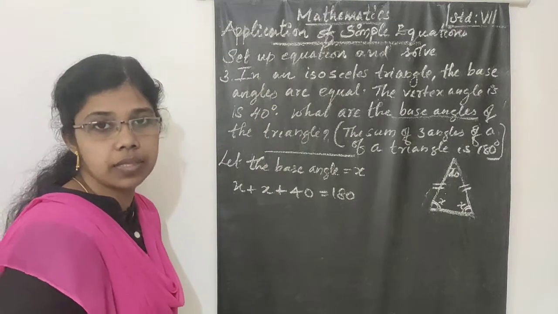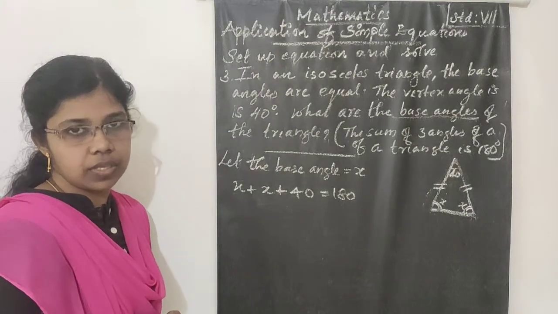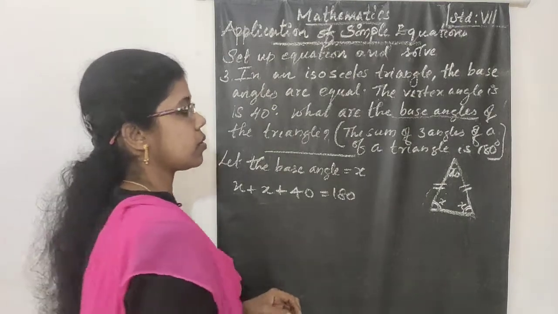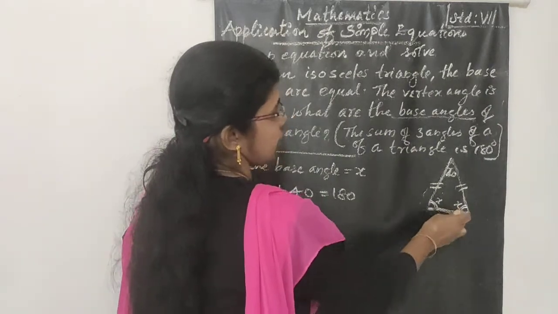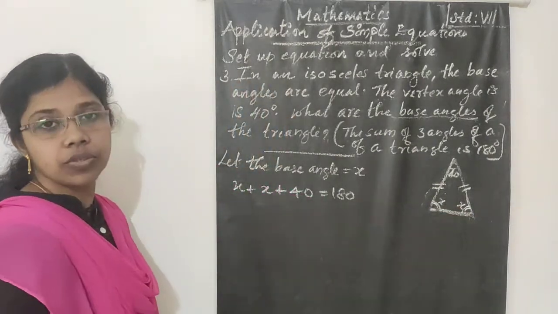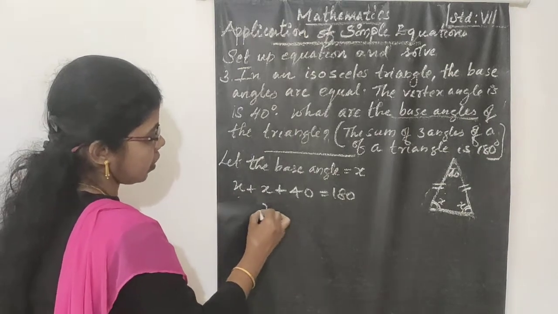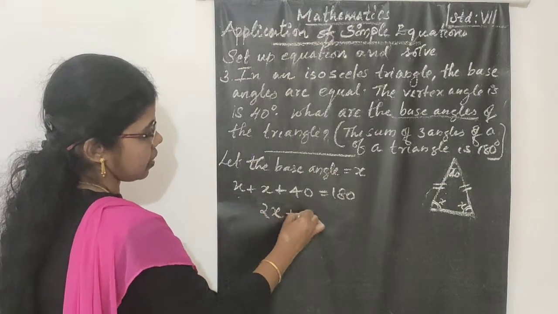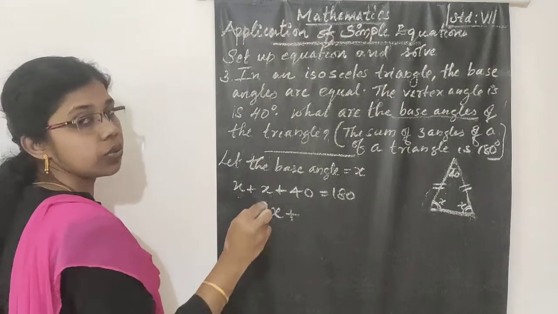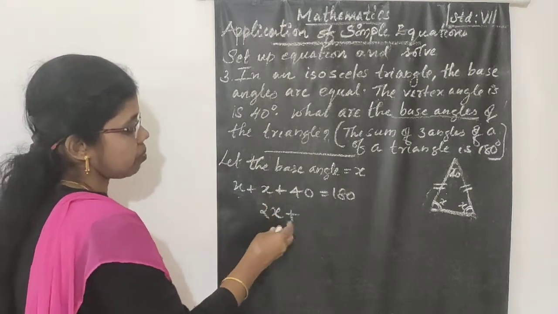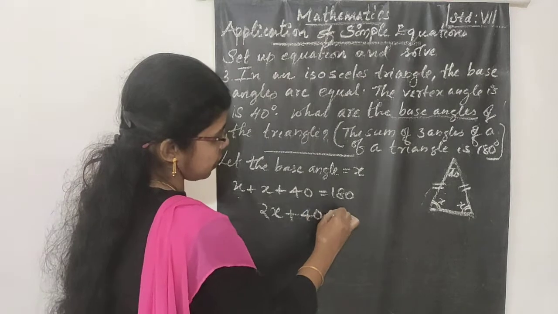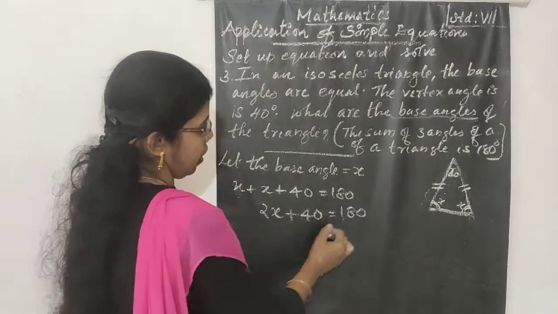These two are the base angles of an isosceles triangle. That is also an important result. Base angles are equal in an isosceles triangle. So x plus x equals 2x. 2x plus 40 is equal to 180 degrees.